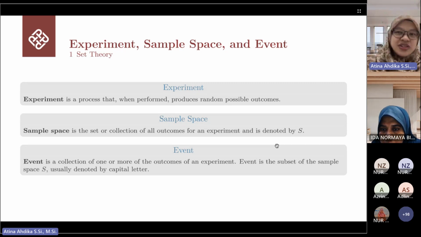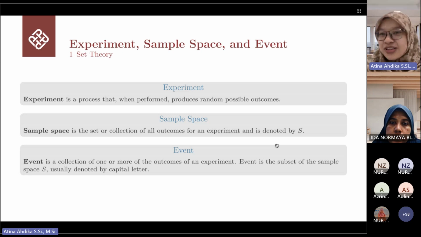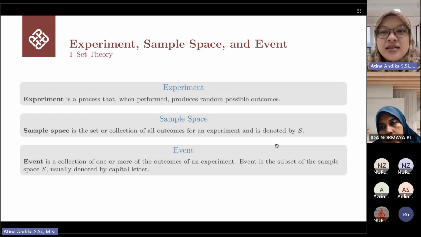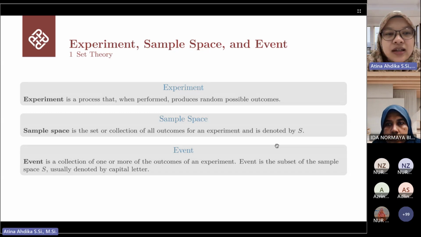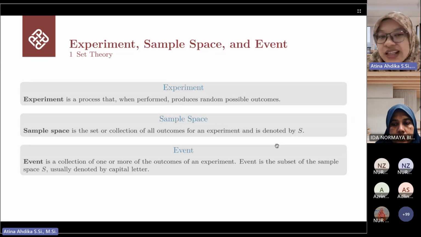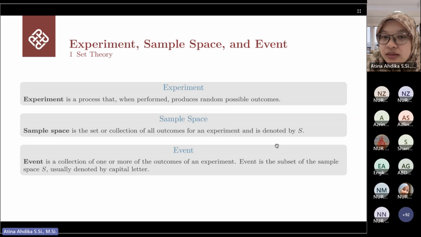When we toss a coin, we cannot control that what will appear is head. So it is the concept of random. The experiment is a process; when it is performed, it will produce random possible outcomes.